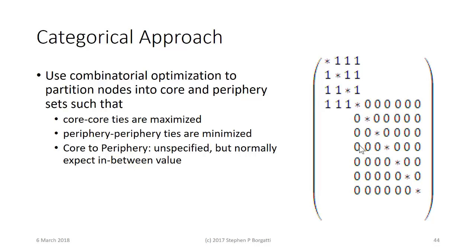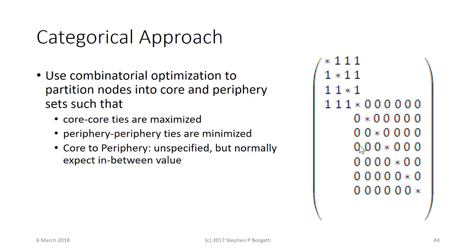The categorical approach takes a matrix, and it says the ideal core-periphery structure, if we could sort the people correctly, is that there should be a group that's connected to itself. Everybody in this core is connected to everybody else in it. And there should be a periphery which has no connections at all.